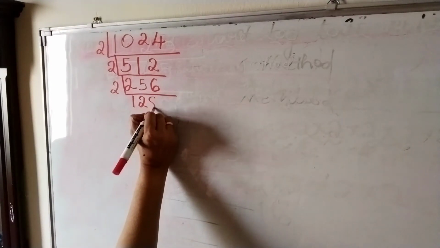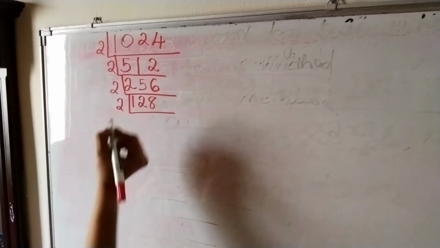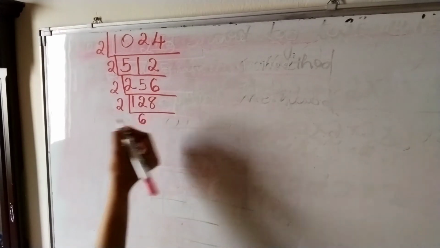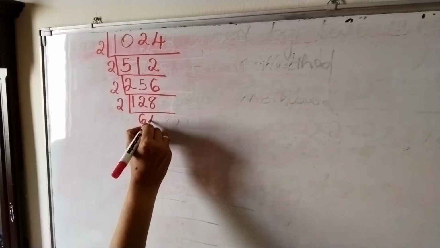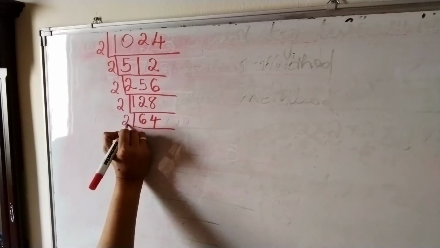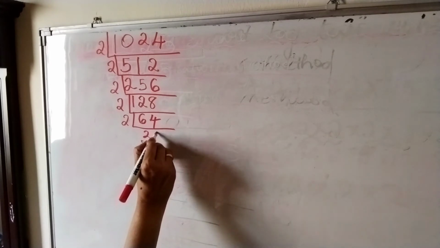How many times does 2 go in 16? 8 twos are 16. Then how many times does 2 go in 128? 2 sixes are 12, 2 fours are 8. Then again 2 will go. 2 threes are 6, 2 twos are 4.